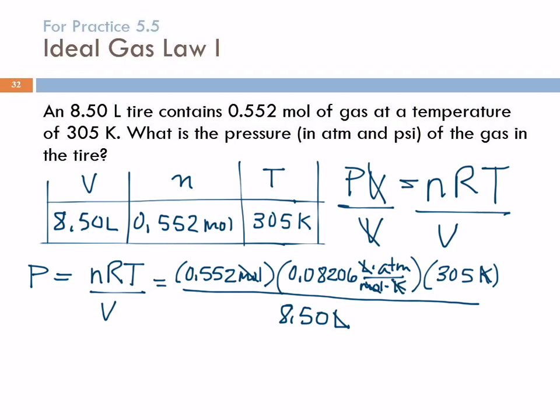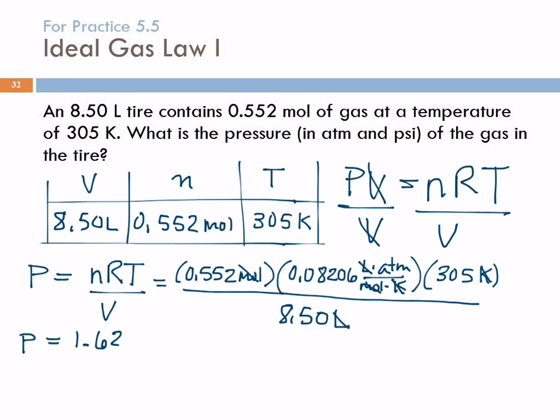0.552 times 0.08206 times 305 divided by 8.5 equals, so pressure equals, I should have 3 sig figs, but I have to convert units also.